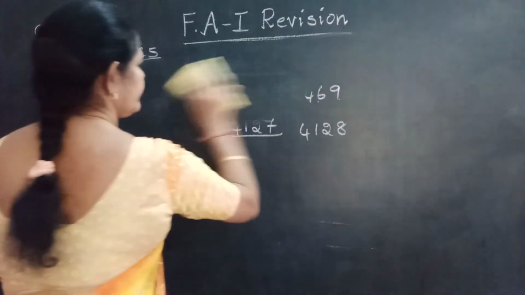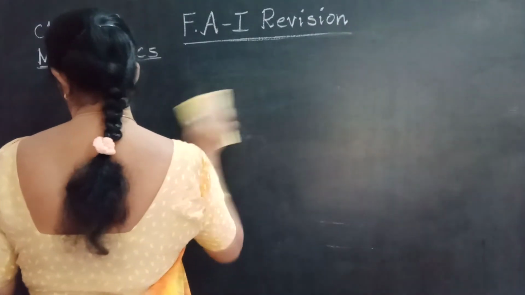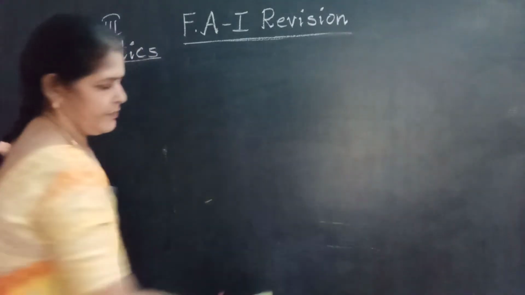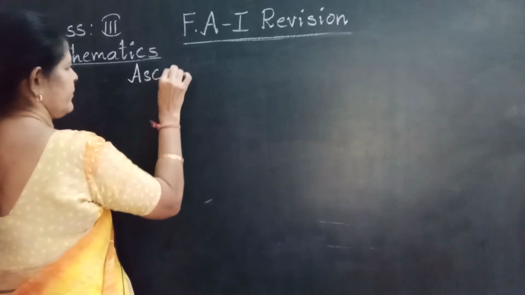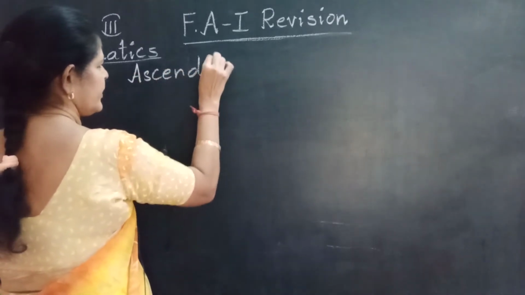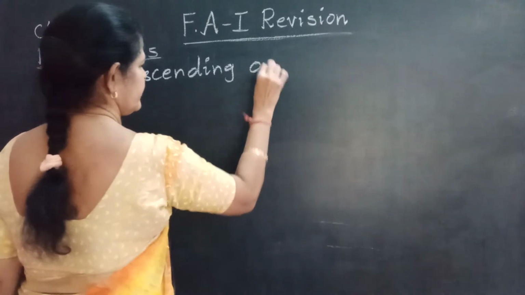Next one. Ascending order and descending order. AO, DO. Ascending: small number to big number.